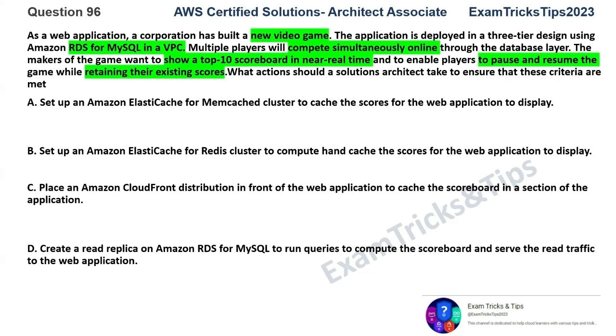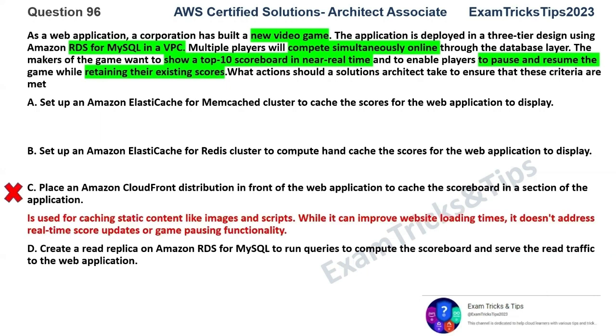But in this particular scenario, we are talking about a fast-paced dynamic gaming situation where we want to store the top 10 scores, count and sort them fast, and players should be able to pause and resume the game and still maintain their position and score. I don't think this is the correct solution. In this application, with dynamic content and a fast-paced game where score and members' positions change quite frequently, it's an incorrect option.